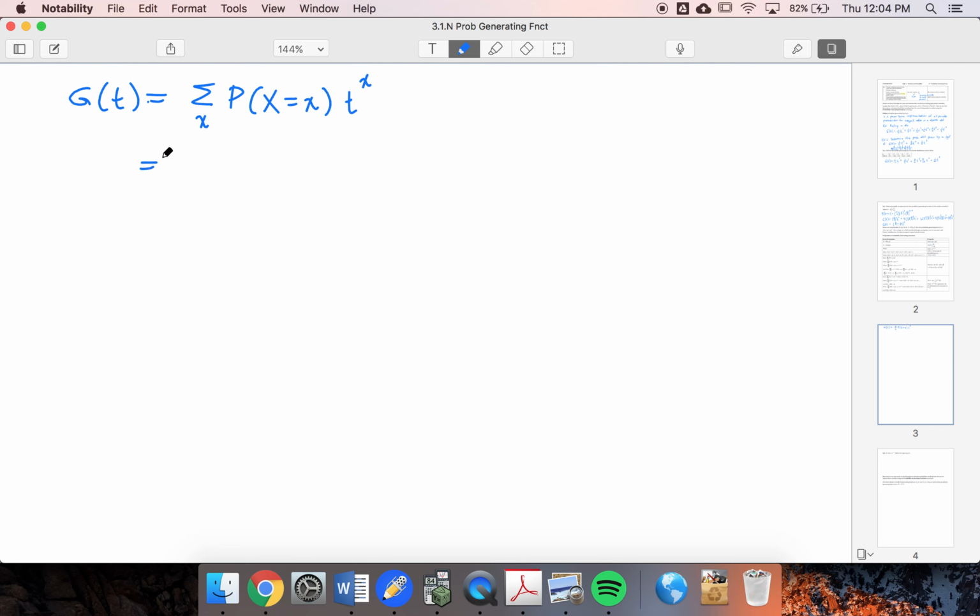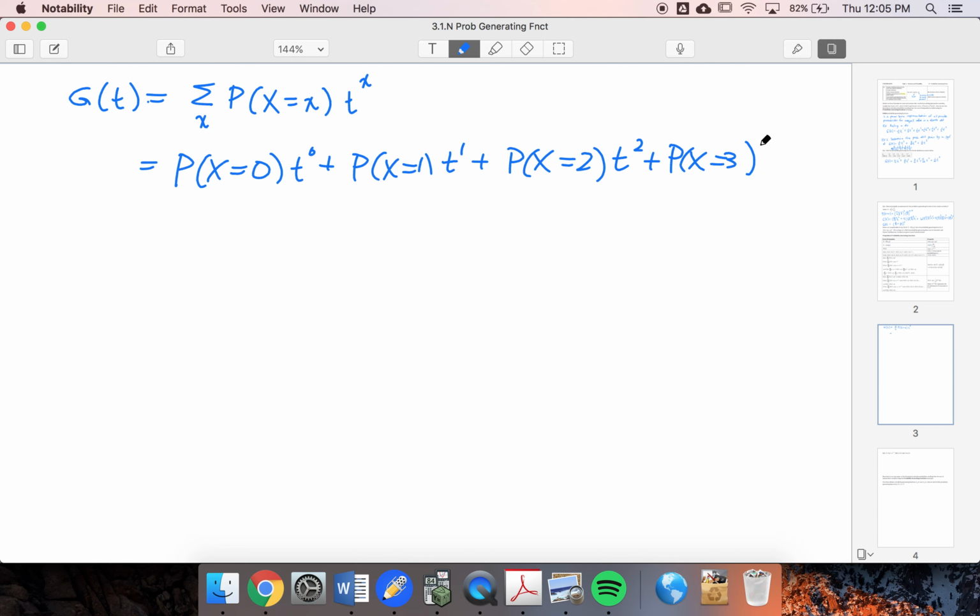So this becomes the probability that X is 0 times t to the 0, plus the probability that X is 1 times t to the 1, and so on for as many x's as I have.